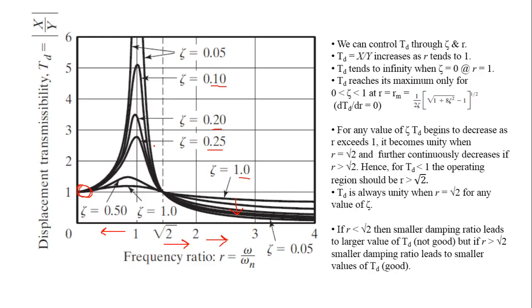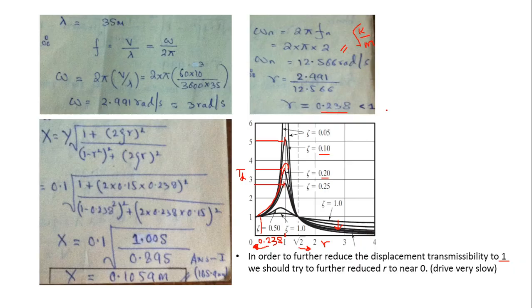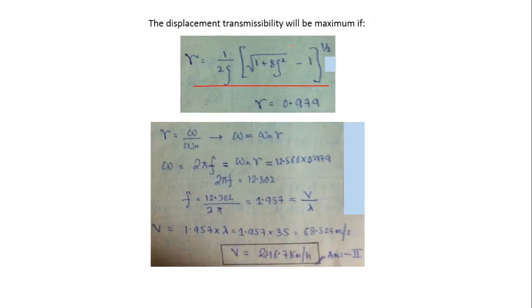If you can see this point here, the maximum value of displacement transmissibility takes place at the value of r given by this expression, 1 upon 2 zeta into under root 1 plus 8 zeta square minus 1 to the power half, and that is what we are using here.